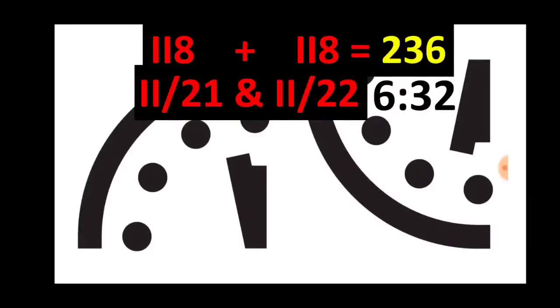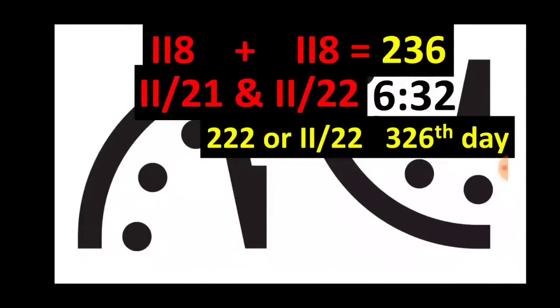Also, 118 and 118 represent 1121 and 1122, like I've mentioned and showed many ways, many times in my videos. Also, 1122 ends up being, which I haven't really talked about much here, but I'm really laying it out right now, the 326th day of the year, which is 623 backwards.